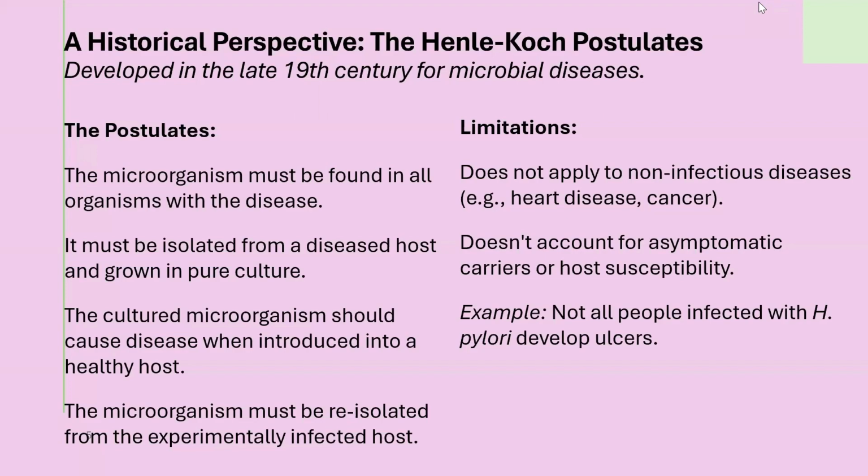The second is that the microorganism must be isolated from a diseased host and grown in a pure culture. Again, using malaria as an example, if someone has malaria, then we must be able to isolate Plasmodium falciparum from their blood and grow it in a pure culture. The third component is that this cultured microorganism should cause disease when reintroduced into a healthy host.